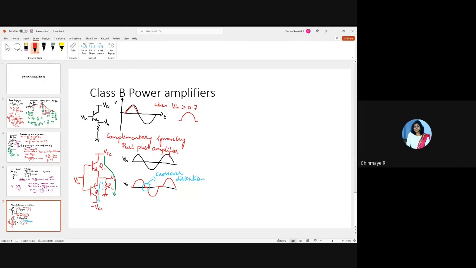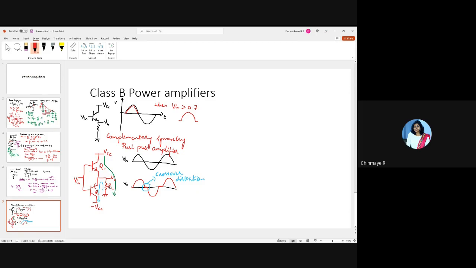The name is self-explanatory, right? Complementary because you have one NPN, another PNP. Symmetric because the circuit looks symmetric, and then push-pull amplifier. So push due to this, pull due to the other, and therefore it's called a push-pull amplifier.